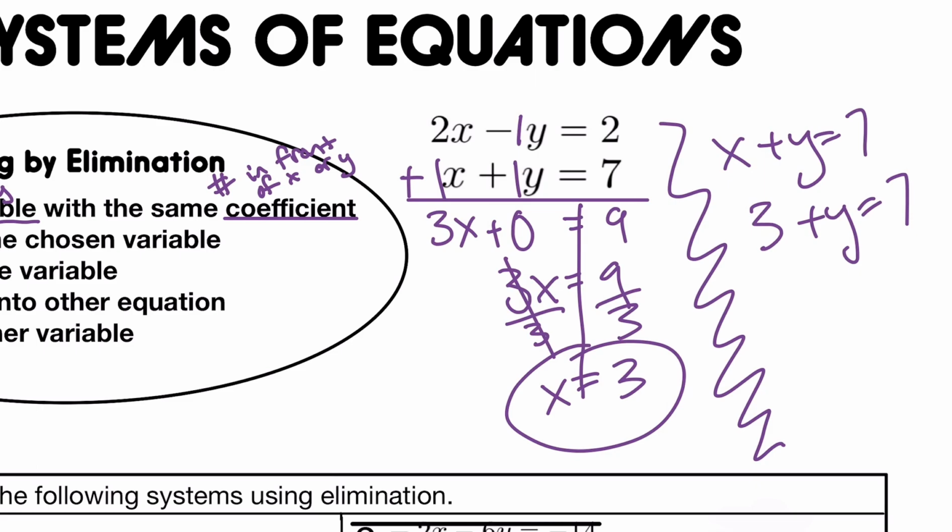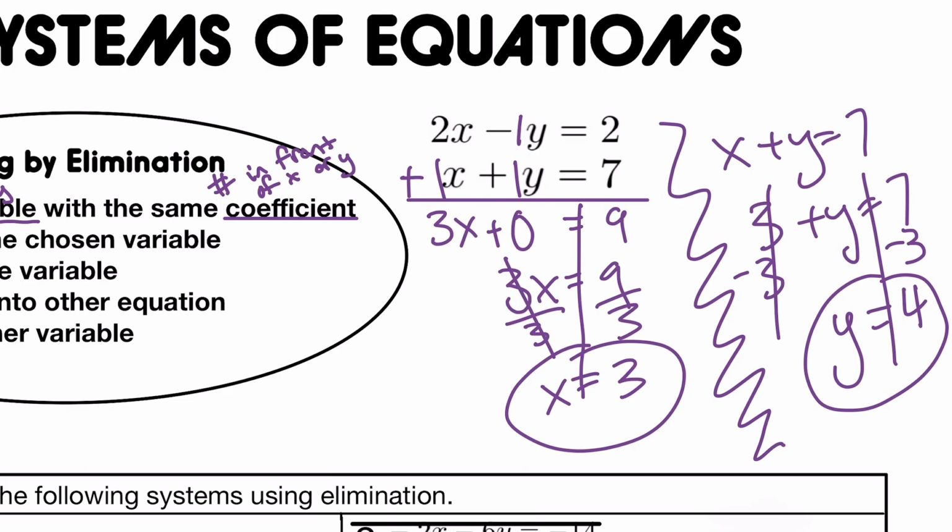And then we're just going to solve for y. So since our 3 is over on this side, I want to move it to the other side. It's a positive 3, so I'm going to subtract it. All right, that's gone. So we have y equals 7 minus 3. That should be 4.